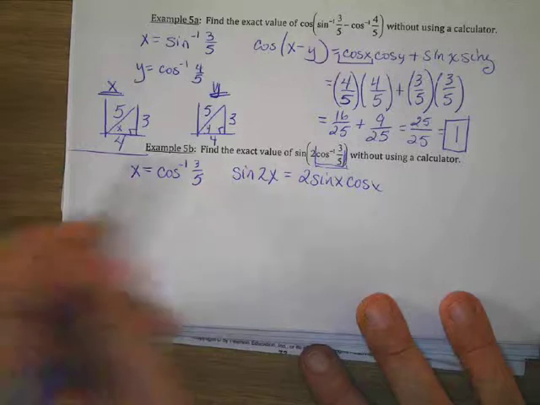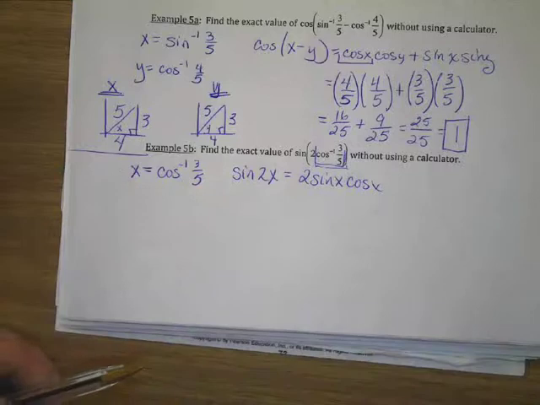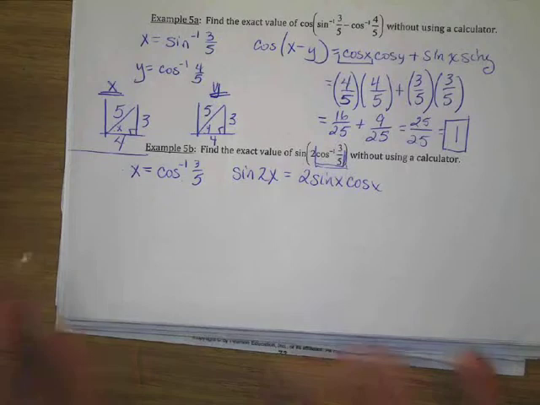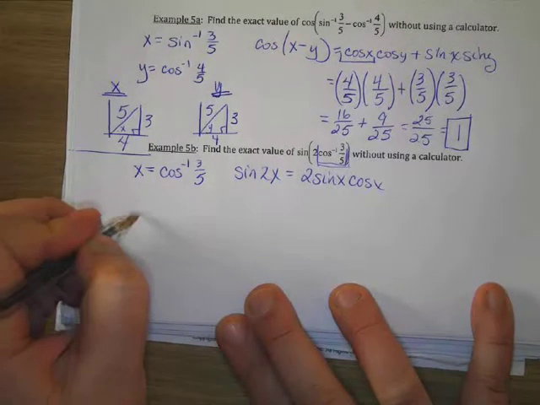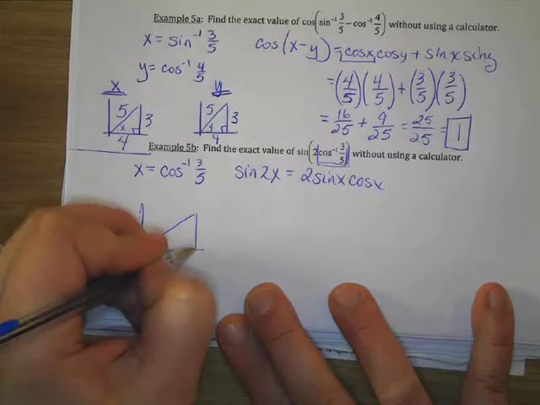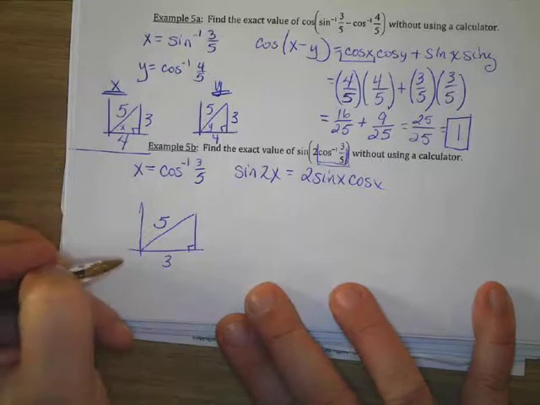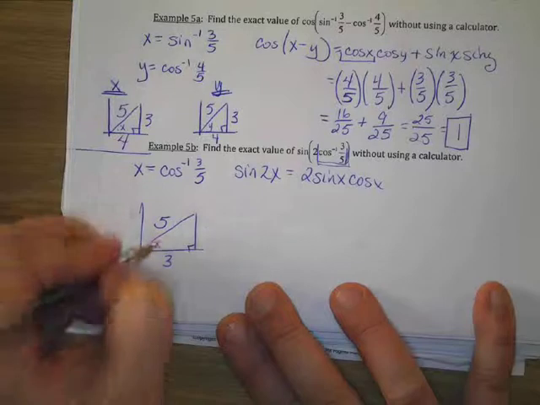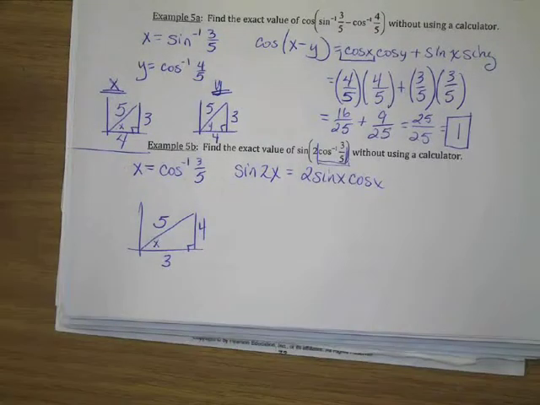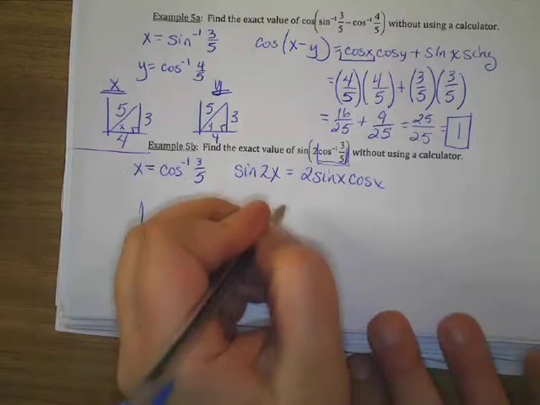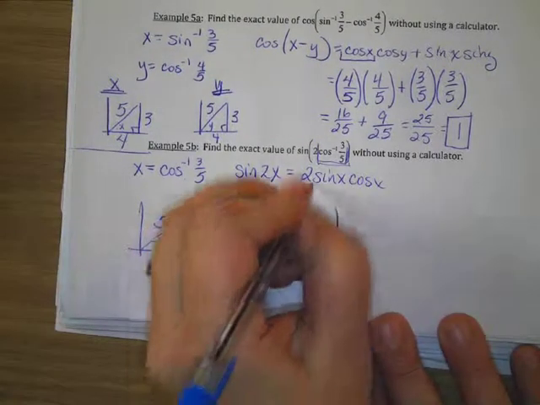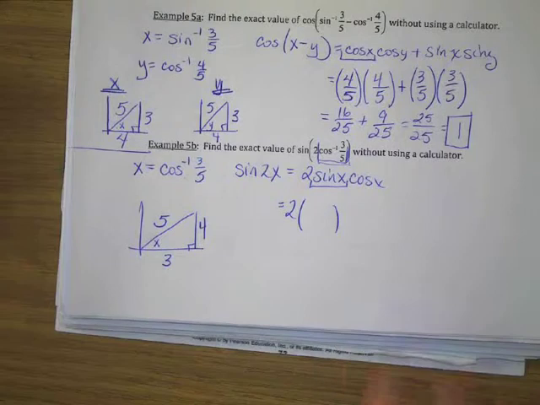And what are we going to do with this? Draw our triangle. So it's positive, so it has to be in quadrant 1. And cosine is adjacent over hypotenuse. So what's the opposite side? 4. Now we're going to replace with our ratios. So we're going to have 2 times, now instead of the sine of x, remember I'm not just placing x, I'm replacing the ratio.